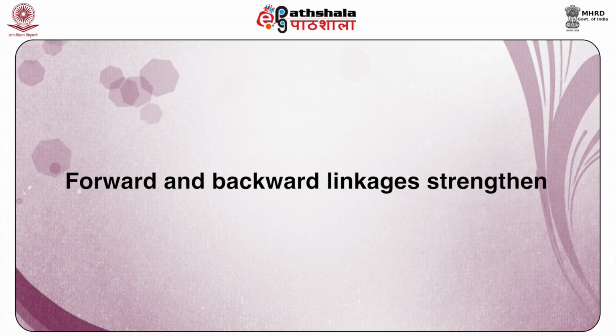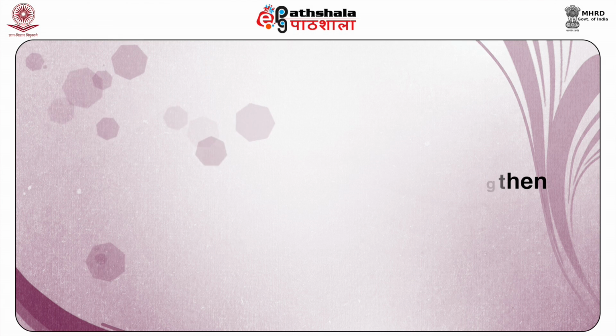Next, forward and backward linkages strengthen. It is an established fact that there is a close demand-supply linkage between agriculture and industry. An improvement in agricultural production means higher income for the farmers.